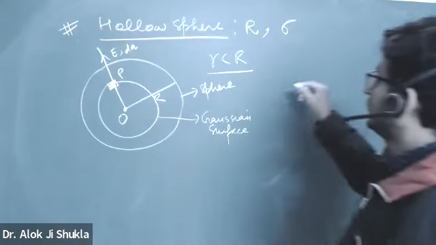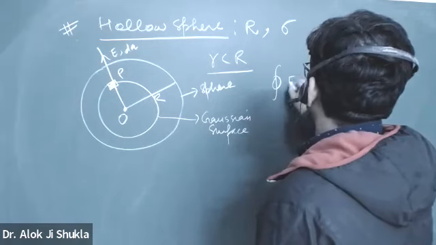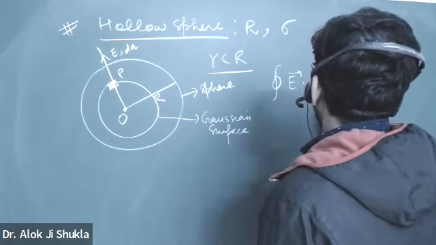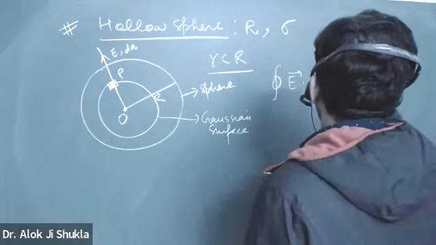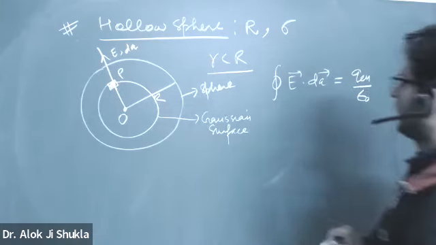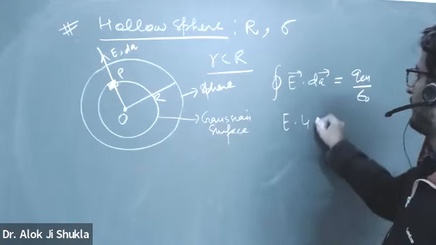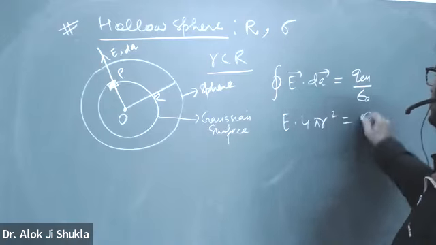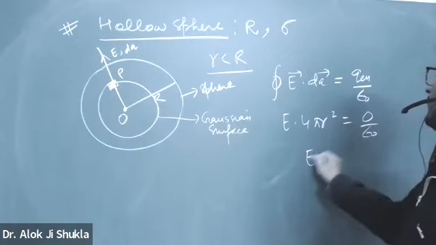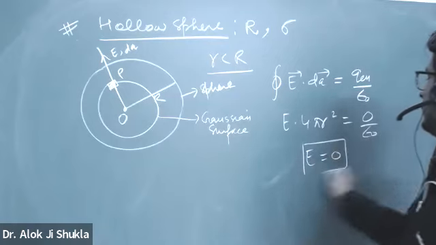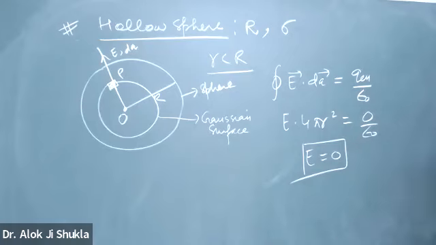So closed integral E dot dA is equal to Q enclosed over epsilon naught. So E into 4 pi R square is equal to 0 by epsilon naught. So E is equal to 0. So inside the shell, the field will be always 0 because there is no charge enclosed.